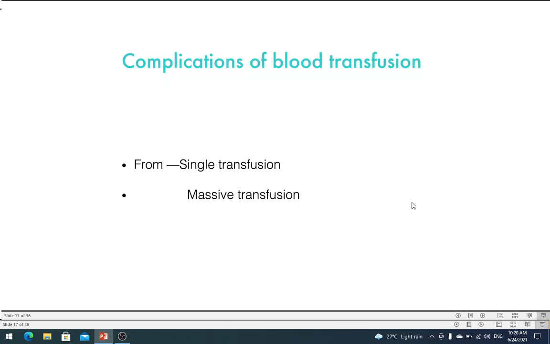So the blood components also cause a similar problem. Don't think that if I'm giving only fresh frozen plasma, there's no problem. It is just like blood. Most of the problems you get along with that also. So single transfusion and massive transfusion. I'll come to what I mean by massive transfusion later on.